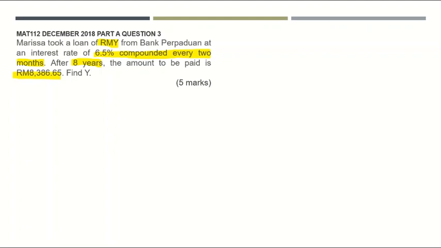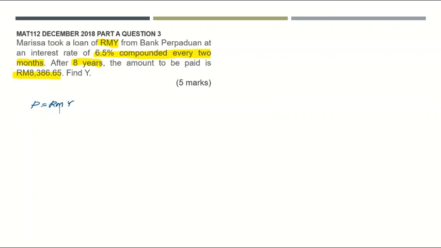That is the information given in the question. Let's relate the information with the symbols used in this topic. The first one is the initial amount Y, so in this case, P is equal to RM Y.